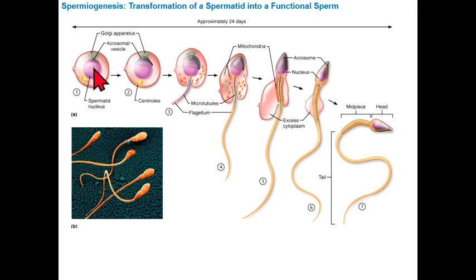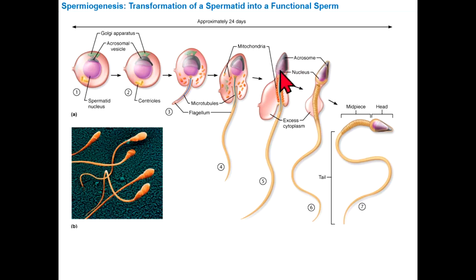There's the Golgi apparatus. And what happens is that this sperm or spermatid will begin developing a flagellum, a tail, which its job is to propel the cell, unlike cilia, which propels material outside the cell. And then we can see the cytoplasm beginning to disappear by the time we get to the functional sperm.